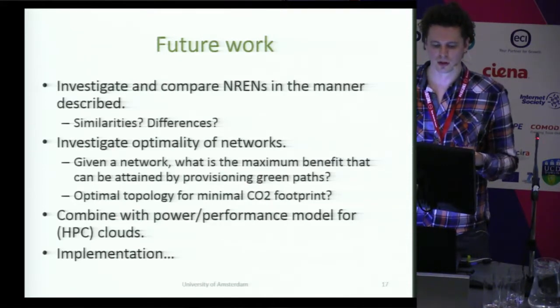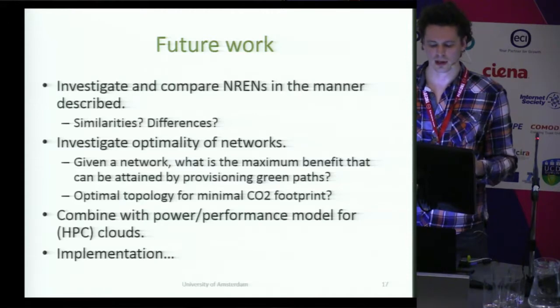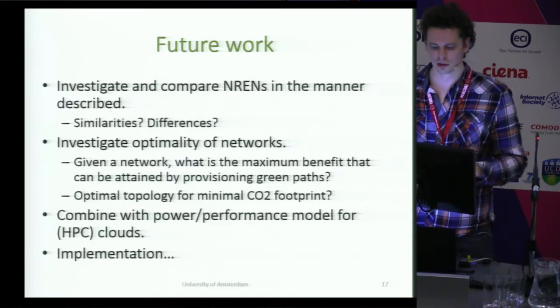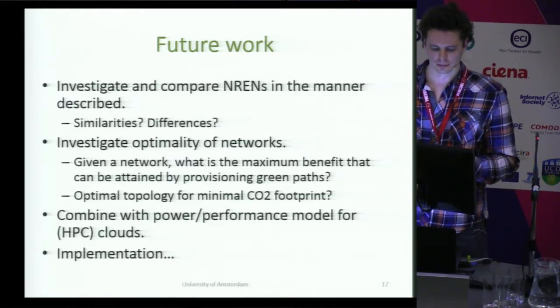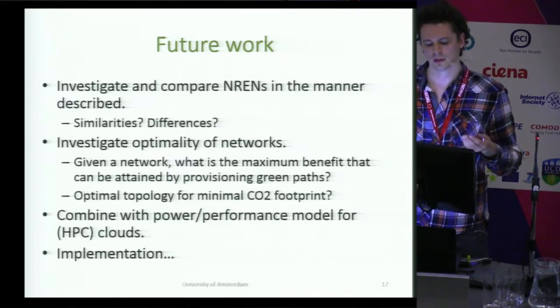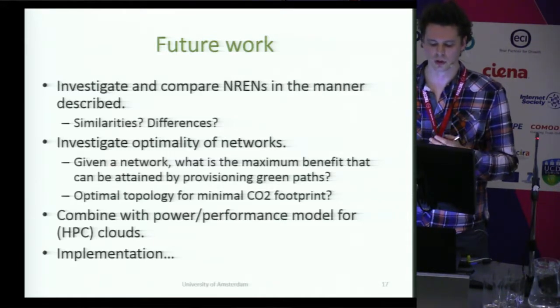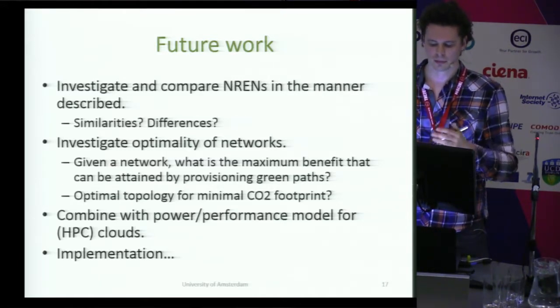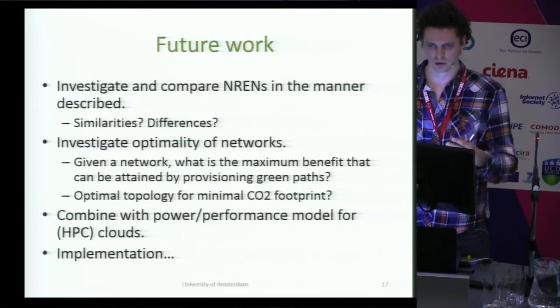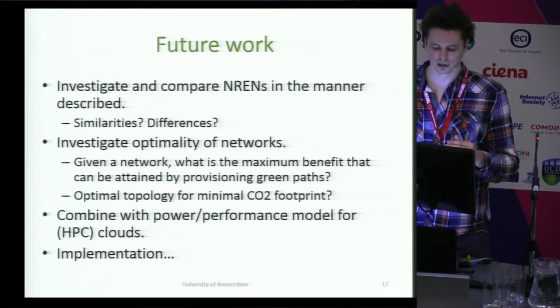For future work, we want to investigate and compare more NRENs. Right now I'm working on SURFnet as well, in addition to ESnet. Also looking at investigating optimality of networks. So what is the maximum benefit that could be gained using green pathing in these devices?